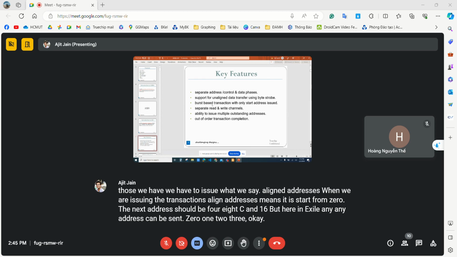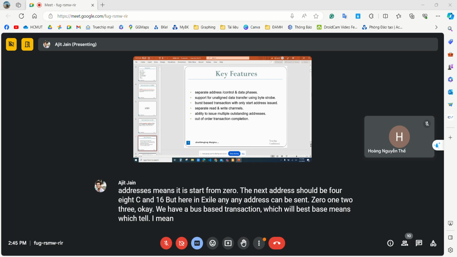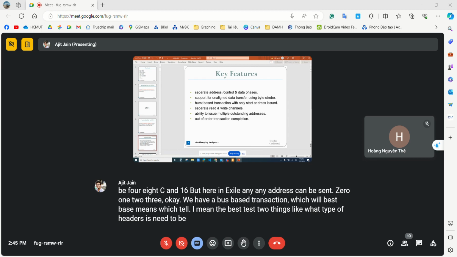We have burst based transactions. The burst tells two things: what type of address needs to be sent, and what type of transaction, what type of memory you are targeting.